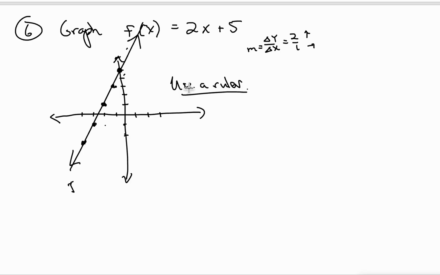And question, is this discrete or continuous? Even if we made a table, x, y, 0, 5, 1, 7, 2, 9, and so on and so forth. So it looks in the table that it's discrete, but because any number can go for x, we can substitute any number, and that's why we could draw our line.